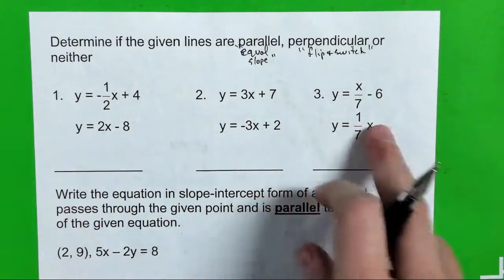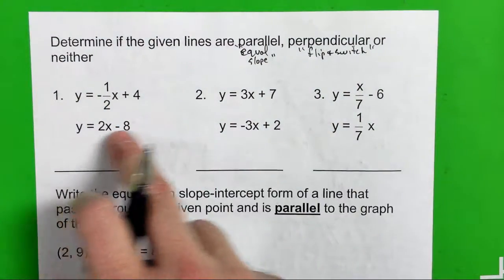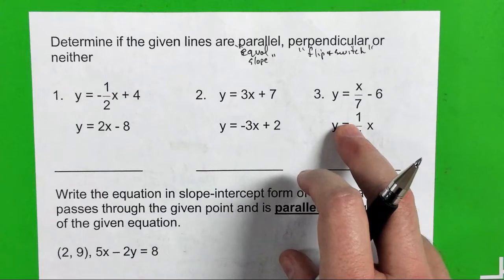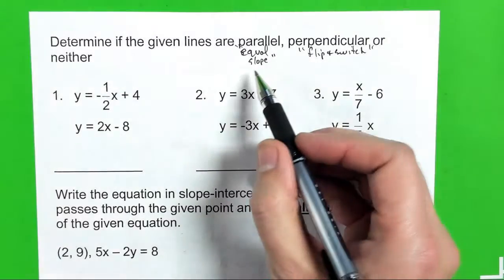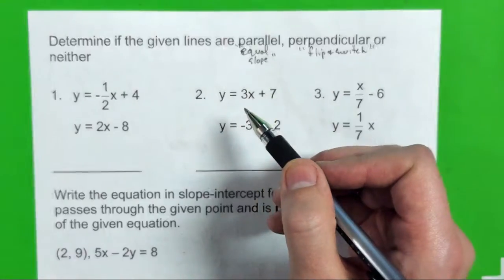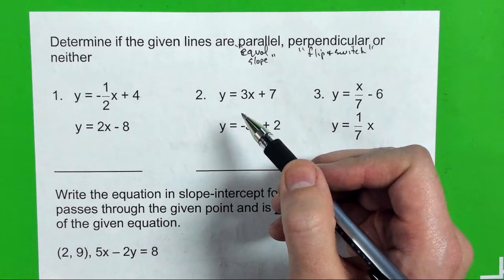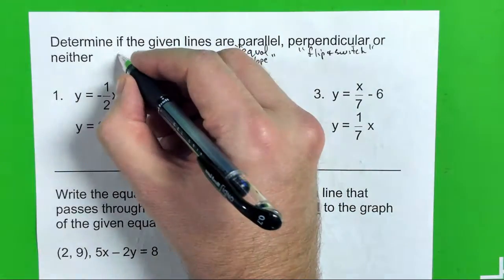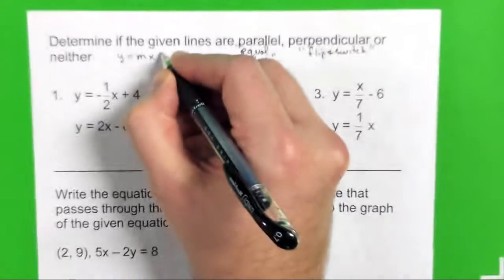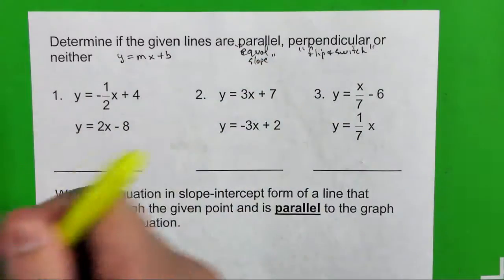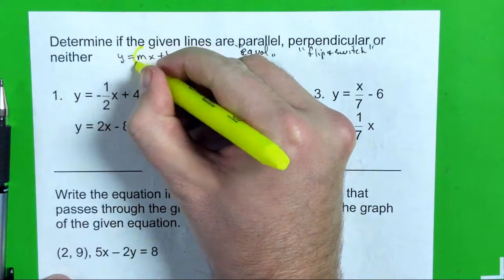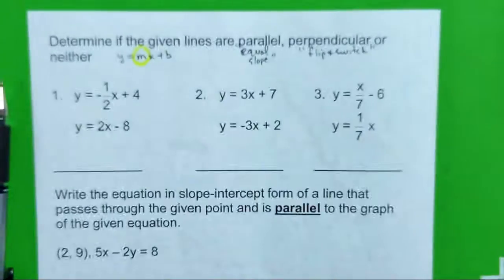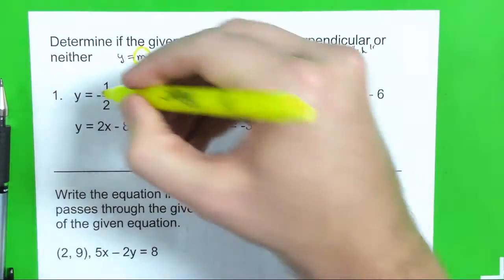Now I'm giving you some lines here. So we have to look at their what? Slopes or y-intercepts? Slopes. We care about the slopes. We have to look at this part right here. So let's highlight those.